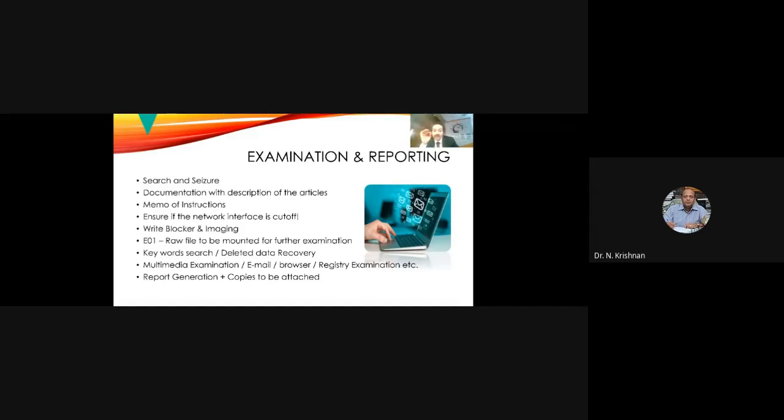Next, ensure the network interface is cut off. I just mentioned that when the mobile phone is the evidence, that phone is to be kept in network disconnection mode, the airplane mode. That is the best procedure for submission of the mobile phone. Otherwise, if the network stays active, the WhatsApp on this phone can be activated in parallel on a different phone, and this phone will not have any data of the WhatsApp.